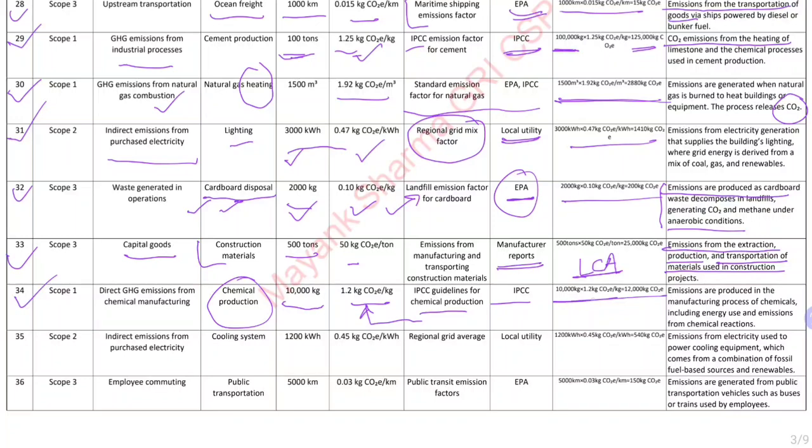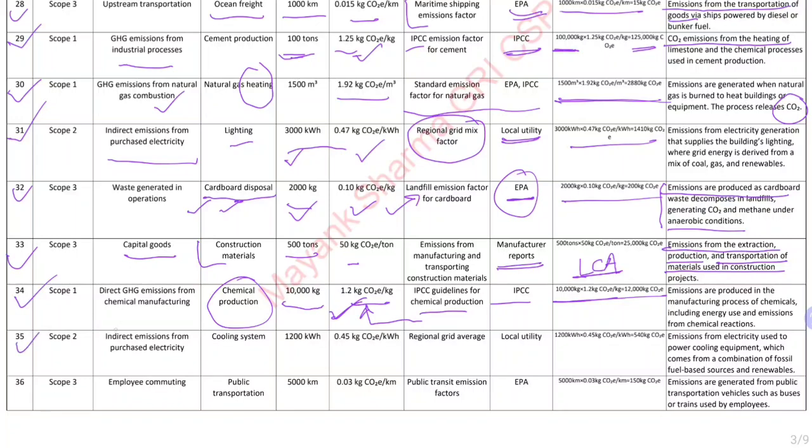This is the calculation: total quantity of the chemical produced multiplied with this emission factor. So emissions are produced in the manufacturing process of chemicals, which includes energy use emissions and also process emissions.